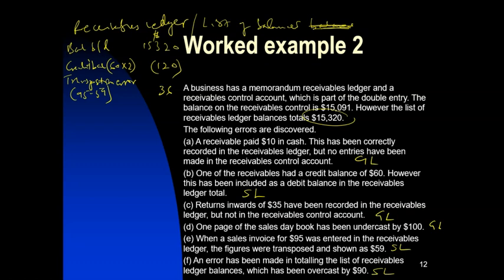And then there was also an error when totaling the list of receivables ledger balances, which has been overcast by $90. When they were totaling the list of receivables ledger balances, they overcast by 90.